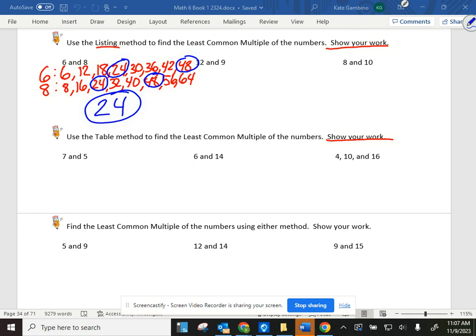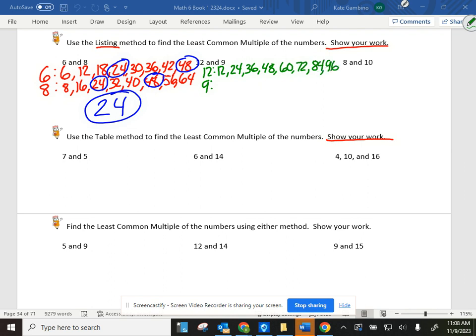Now let's do it for 12 and 9. So we need to list the multiples of 12 and list the multiples of 9. Who can list the multiples of 12? Madison. Okay. 12, 24, 36, 48, 60, 72, 84, 96.